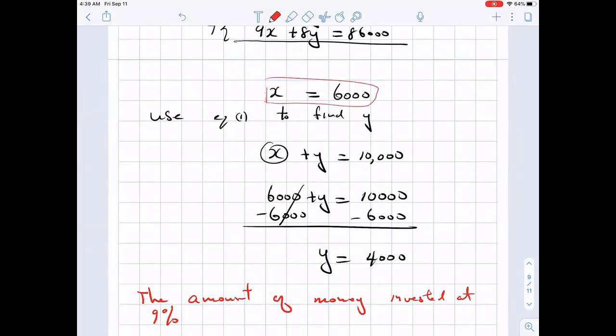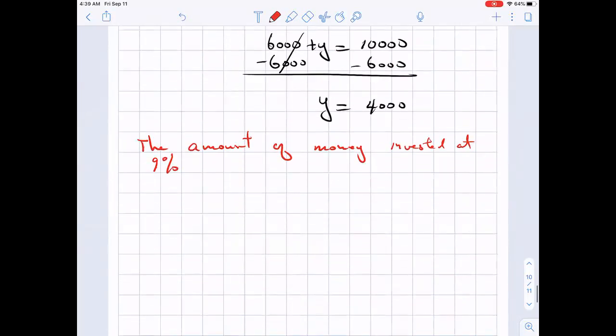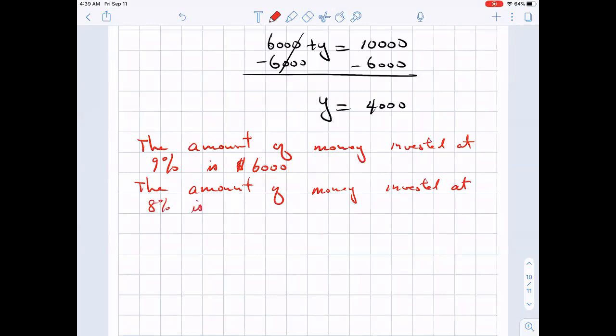So the amount of money invested at 9% is $6,000. And the amount of money invested at 8% is $4,000.